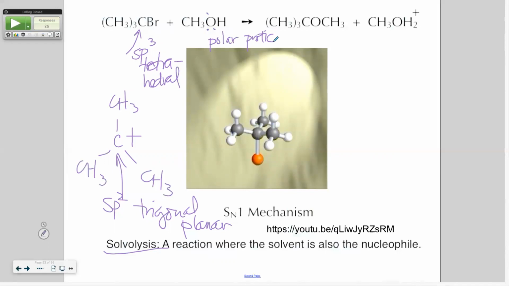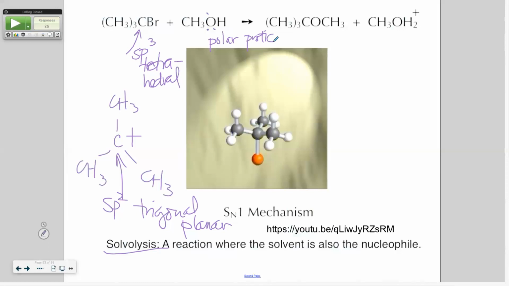What does the polar mean? The electron density in the molecule is skewed. It's skewed to which atom? The O.